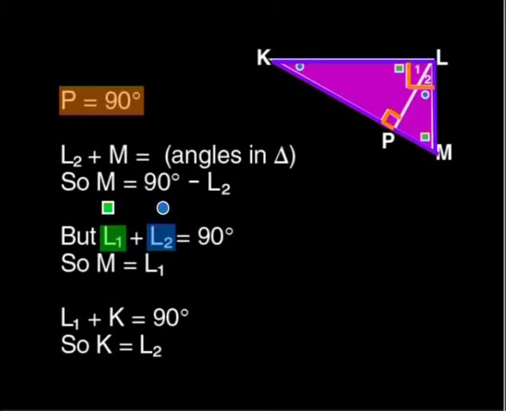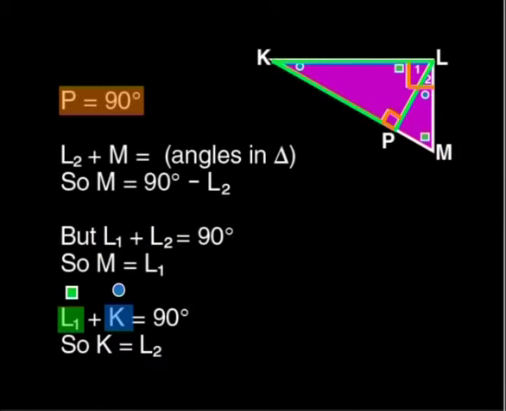So L1 must be 90 minus L2. That's the same as M. And L1 plus K is 90 in triangle KPL, so K must be equal to L2. So have we found equiangular triangles?